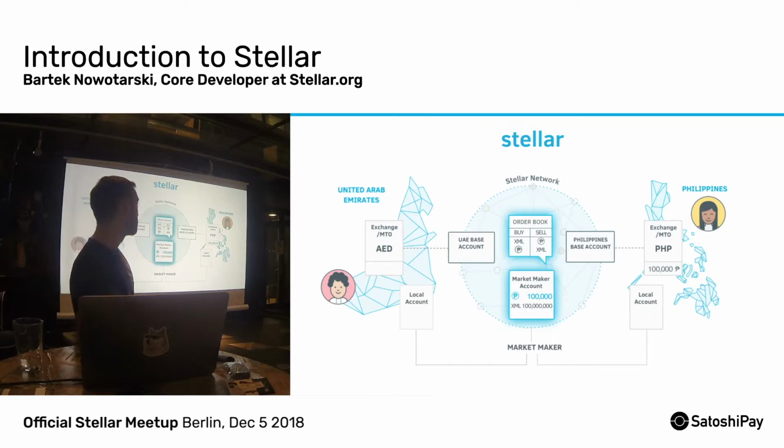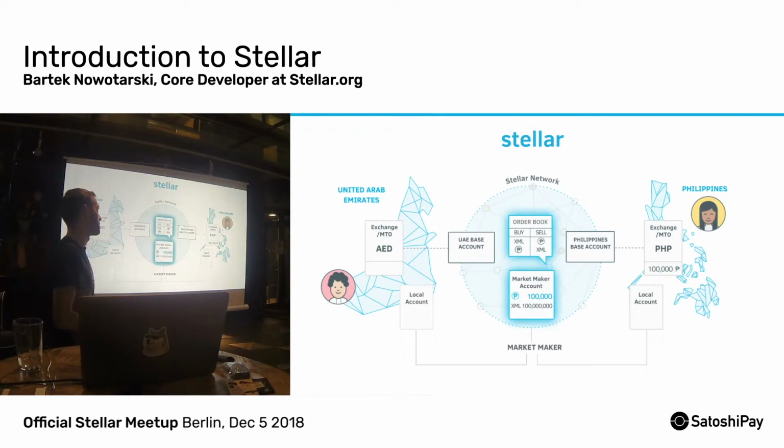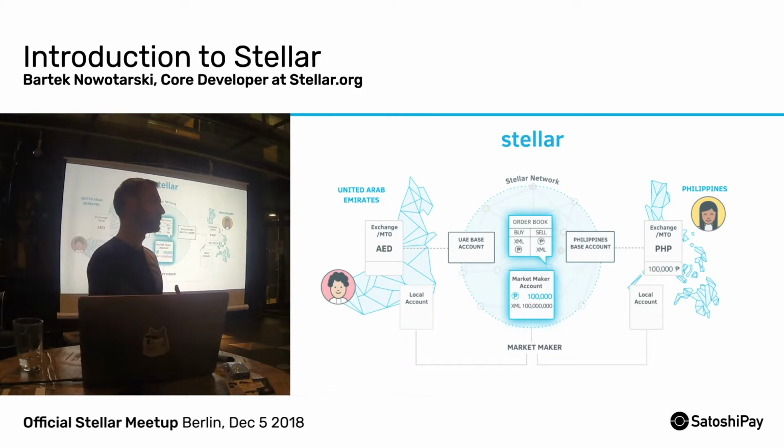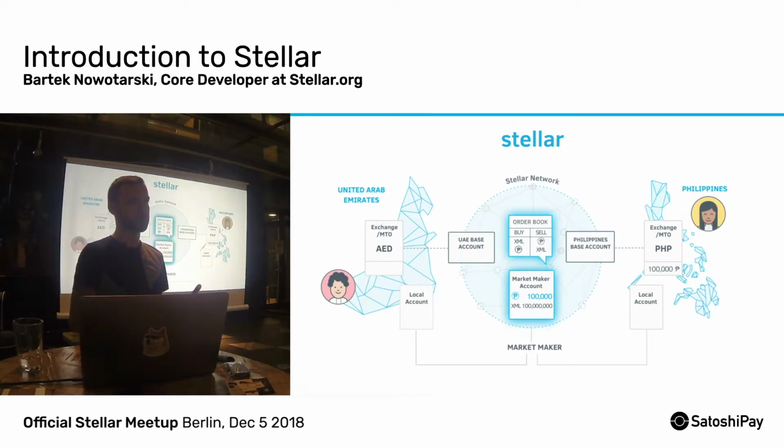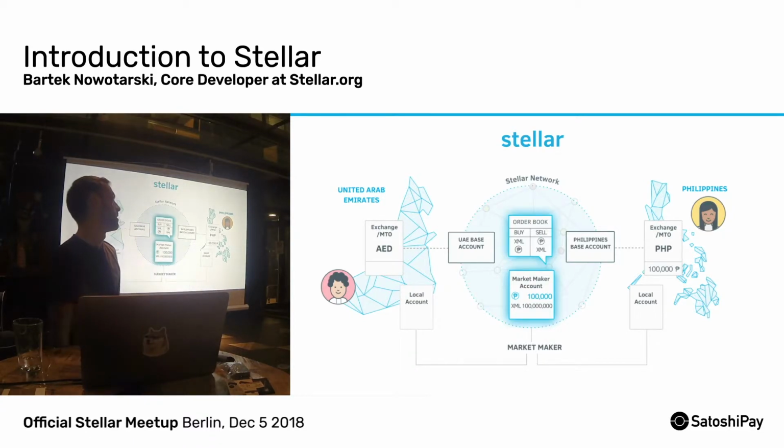Basically, Stellar is a distributed peer-to-peer open source financial platform, and what makes it different from other blockchains is that you can issue an asset natively in the network without the need for building a smart contract, for example. And it also contains a distributed exchange you can use to exchange assets.